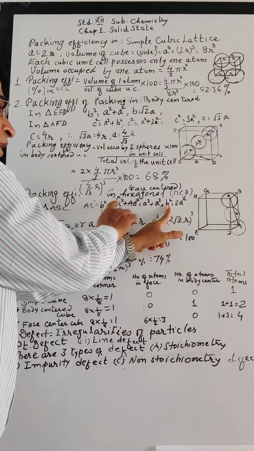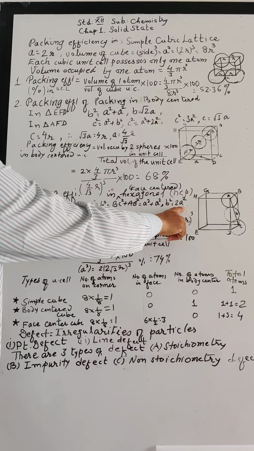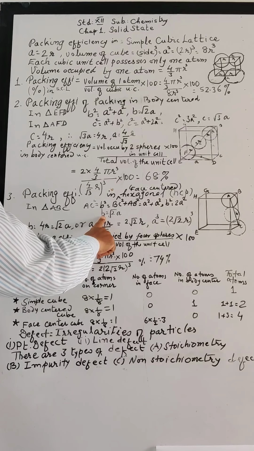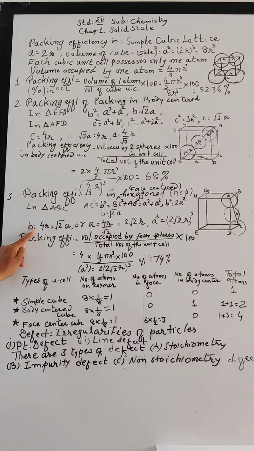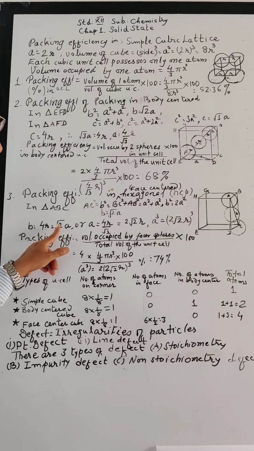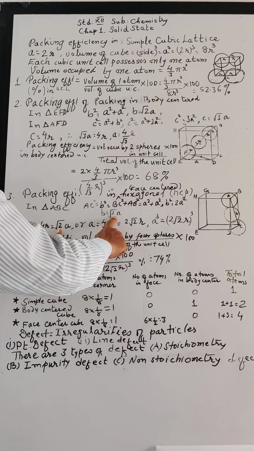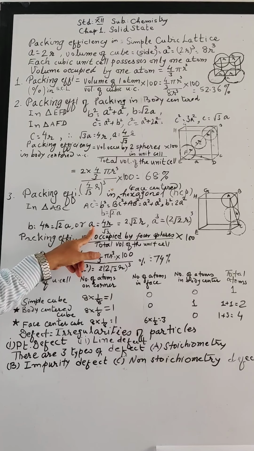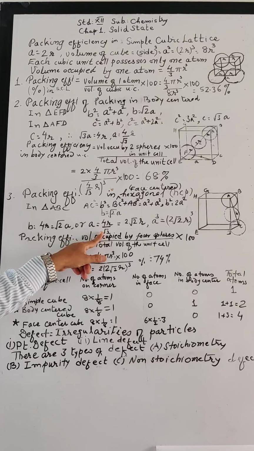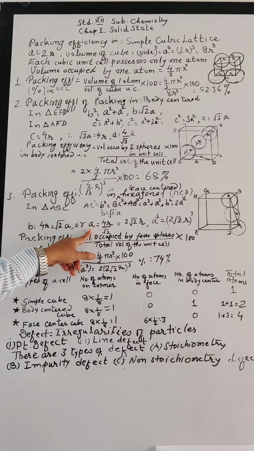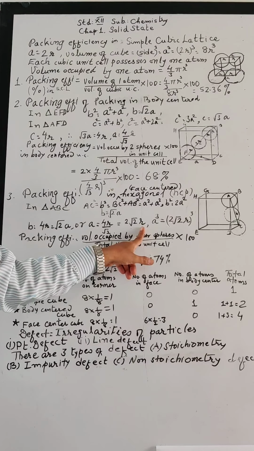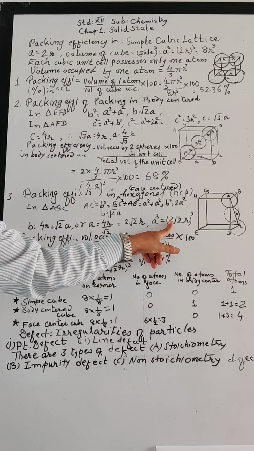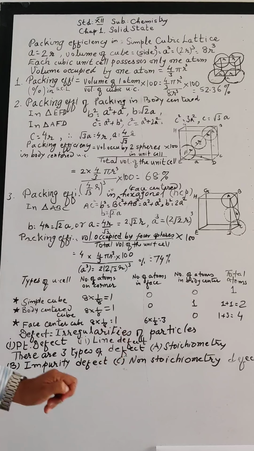So B square is equals to 2A square, and value of B is equals to root 2 A. So value of B is equals to 4R is equals to root 2 A. Value of A is equals to 4R upon root 2, and that means A equals to 2 root 2 R. So A cube is equals to 2 root 2 R cube.